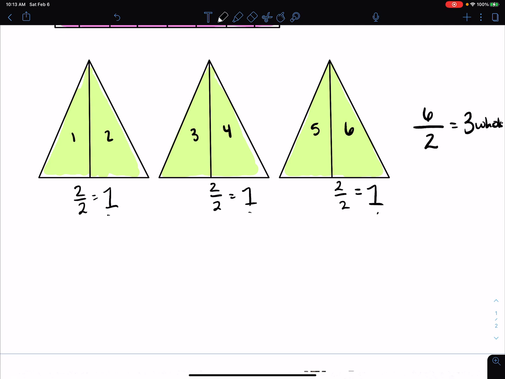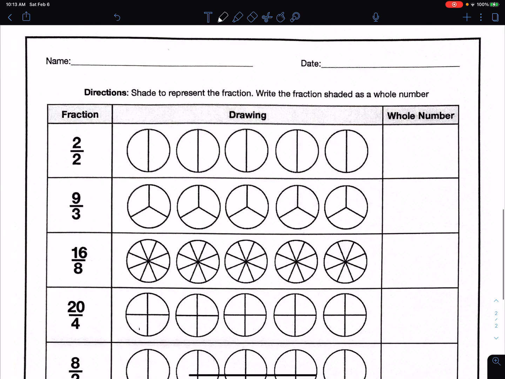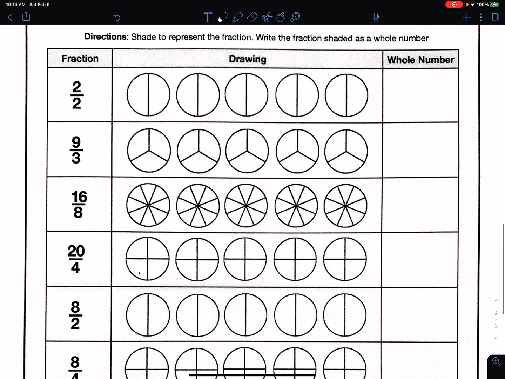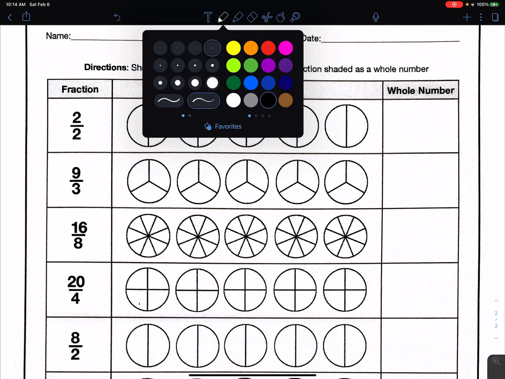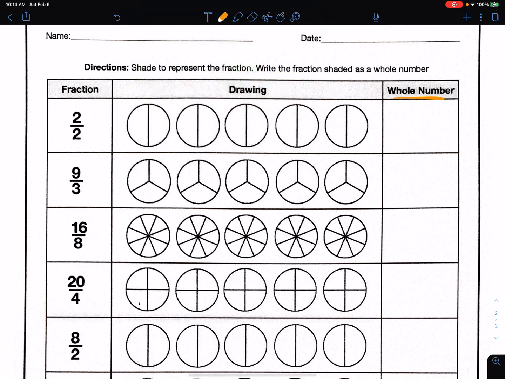I just want to show you some more examples with some circles and how we can figure these out. So if we come down here, we can see our worksheet. Let's look at this top one, 2 over 2. Well, I know that 2 over 2 is going to give me a whole number of 1.